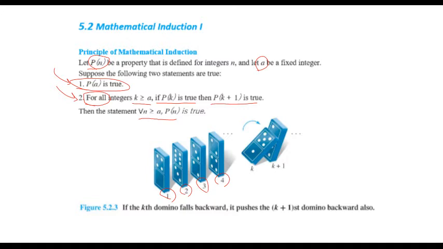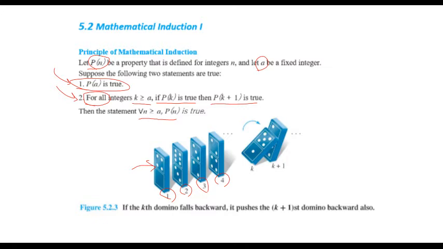And let's assume that we want to prove that all dominoes will fall under two assumptions. The first assumption is the first domino falls backward. Okay, so someone hits the first domino and it falls backward.